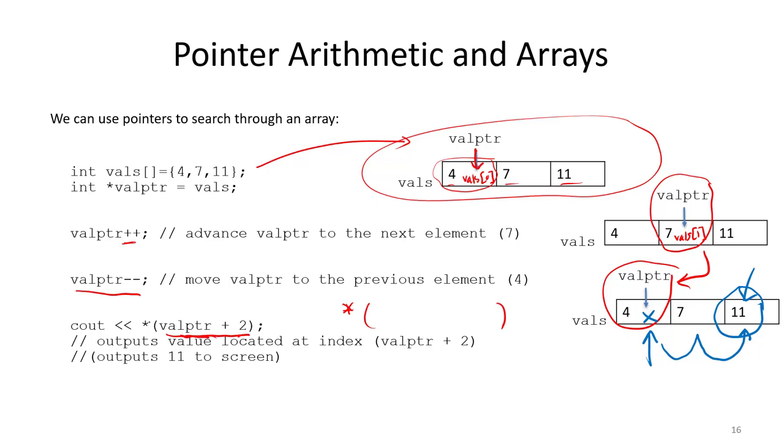So here, asterisk parentheses valptr plus 2 will return the number 11 to the screen. Be careful though, you need these parentheses. If I just say asterisk valptr plus 2 without parentheses, that would just give me 4 plus 2, or 6. So notice the parentheses do matter, because parentheses force us to do valptr plus 2. That shifts the whole pointer by 2 before determining the value stored.